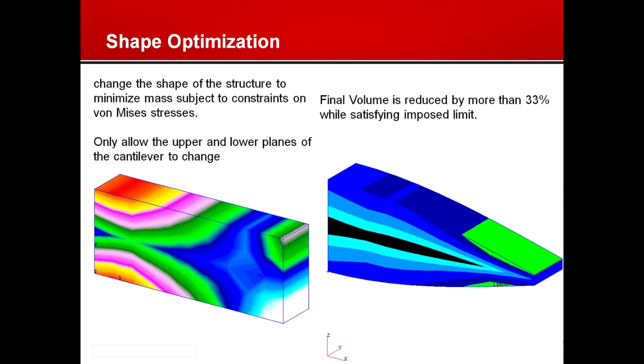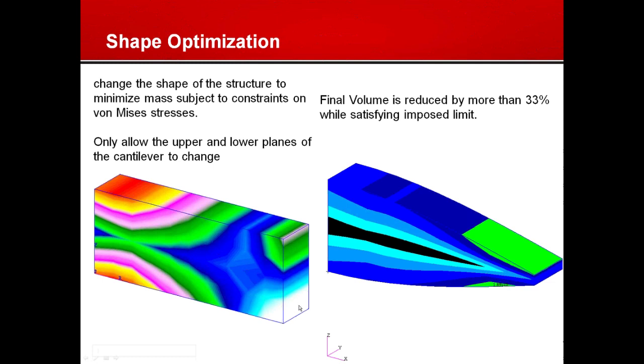Same thing here, this is another example where we have a cantilever beam where we want to be able to modify the shape of it so that the volume or the weight is reduced while meeting the stress criteria. We have a tip loading here, and in this example, we allowed only the top and bottom surfaces to move.